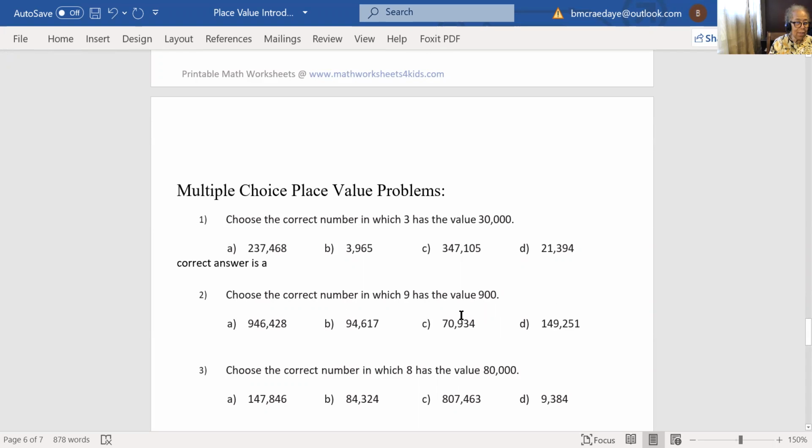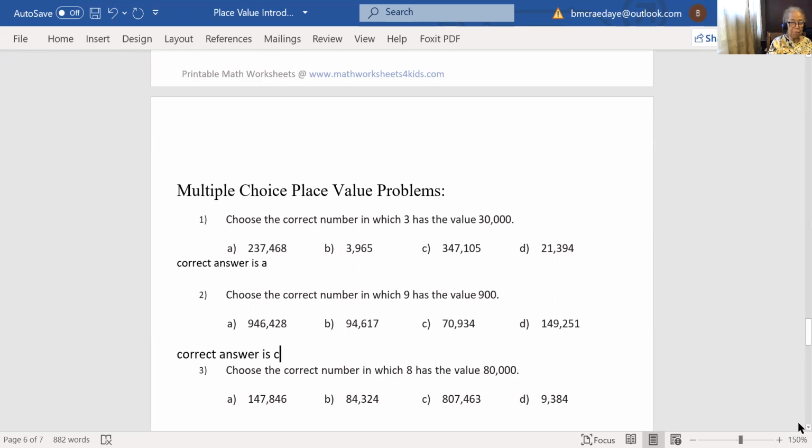What about here? 934. The 9 right here has the value 900. So we put here correct answer is C, because that 9 represents 900.